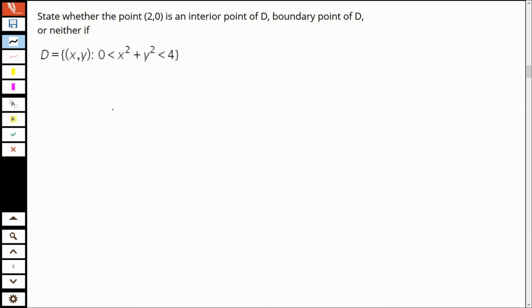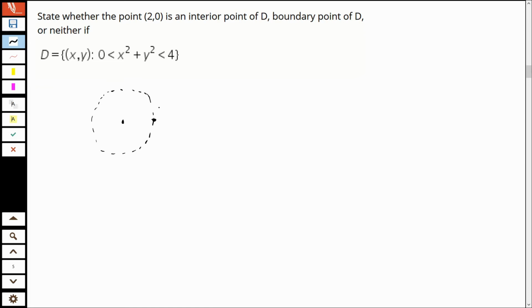Okay, so this is what they have in this case. Here we have the same setup, this open circle with no point at 0, and it's asking about the point 2, 0, which is this point right here. Is this an interior point, boundary point, or neither?